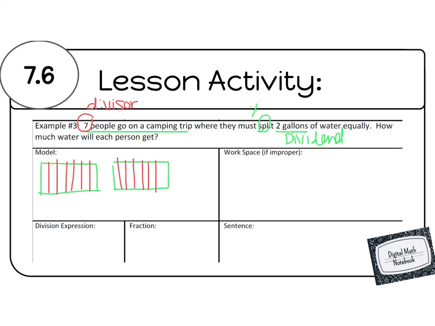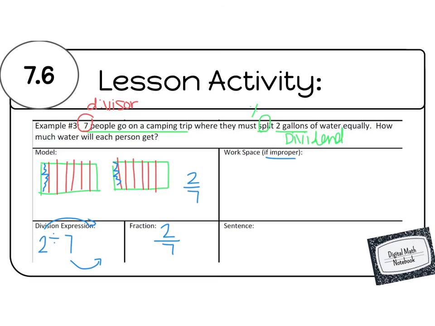All right, so let's say that I am one person going on this trip. One person going on this trip will get 1/7 of this and 1/7 of this, which means I would get 2/7. Our division statement would look like this: 2 gallons of water divided by 7 people equals, the first one goes on top, the second one goes on the bottom, 2/7, which matches our picture.